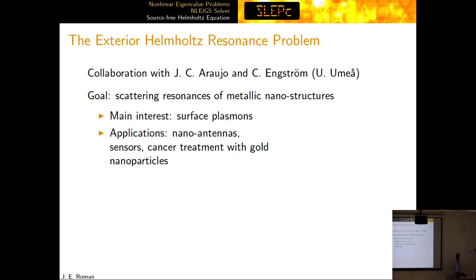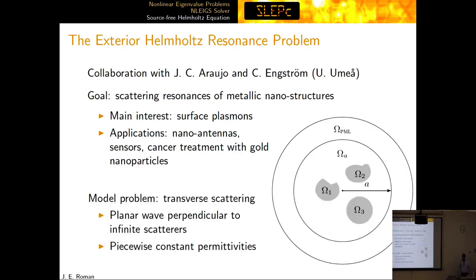So in this case, we have an open domain where we have several scatterers, and we have a planar wave perpendicular to the scatterers. So we have piecewise constant permittivities. This is, for instance, air, and this may be, for instance, gold.